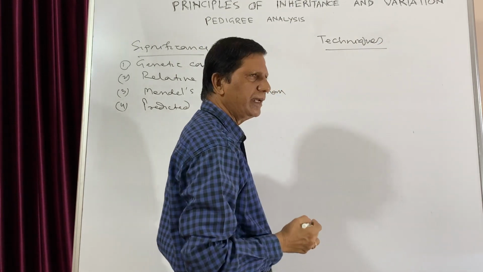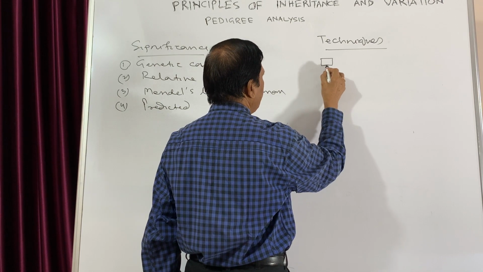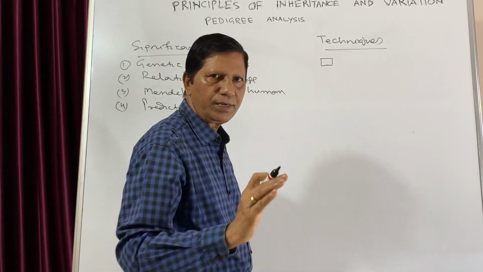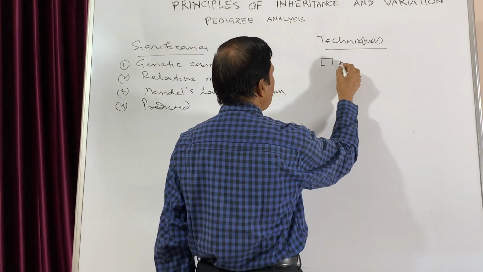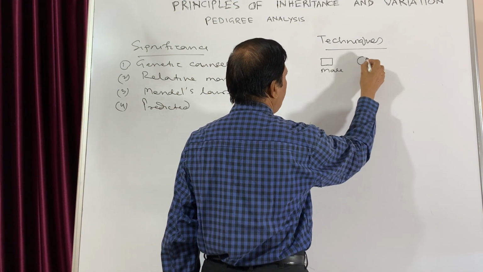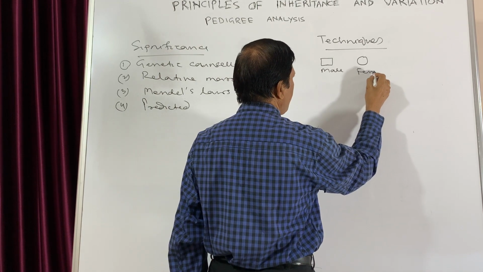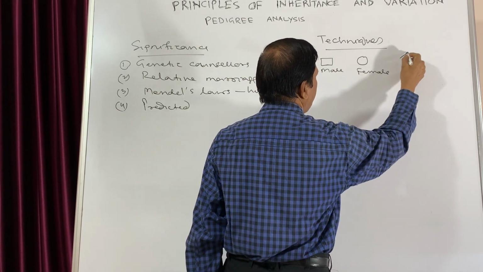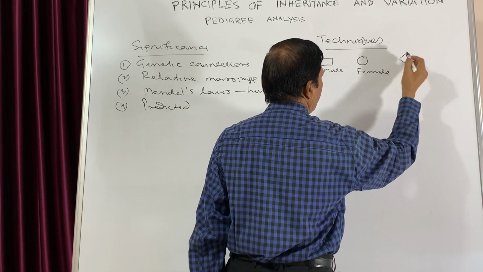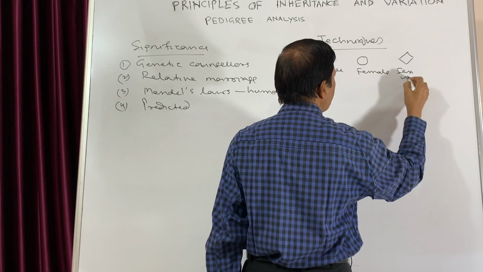In case of techniques, if it is represented like a square without any blackening, then it is male. But the same thing when it is present in a round form, then it is female. Then when it is present in the form of a diamond, it is sex unspecified.